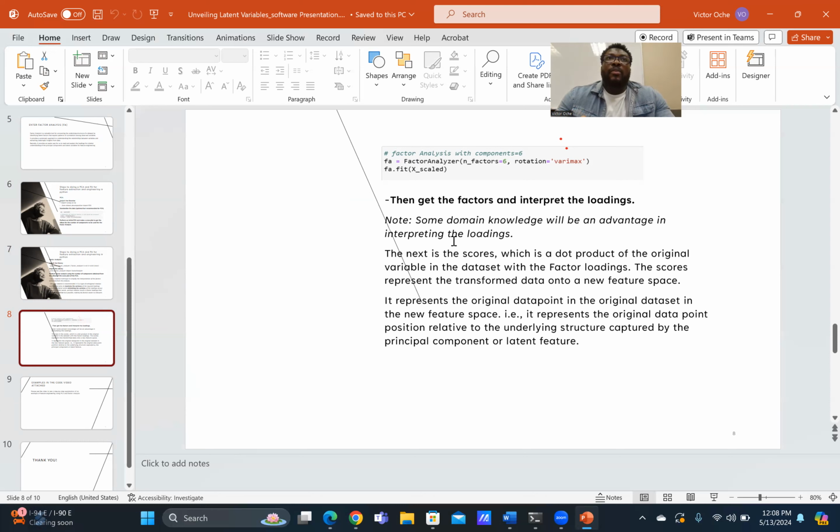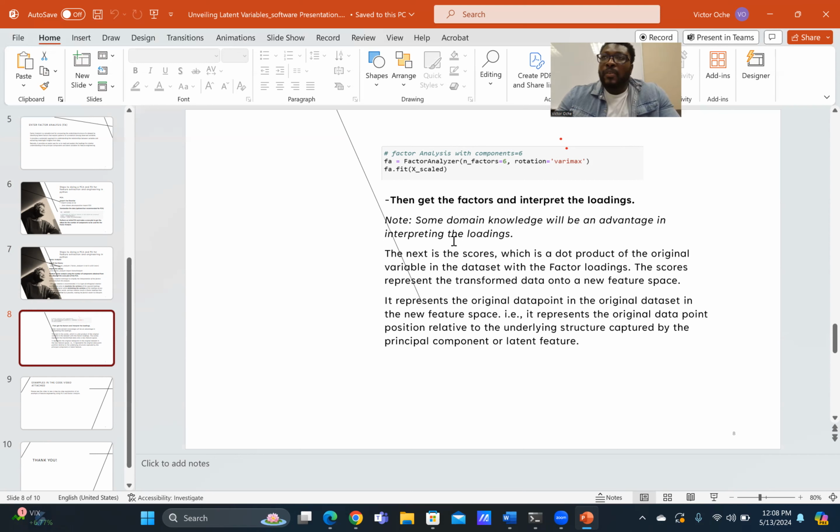But after we interpret the loadings and understand what the latent variables that have been revealed are, we still need to put that in the new data set. But the new data set has variables that have nothing to do with the loadings. So to do that, we need to get the scores. And the scores are a dot product of the original variables in the data set with the factor loadings.